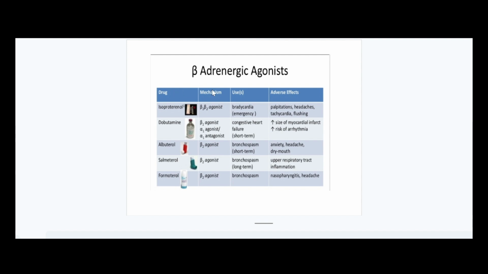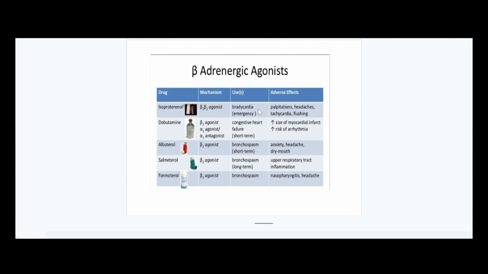Now, we have certain drugs that can act either selectively on a particular beta receptor or mixed or non-selective. For the first one, isoproterenol, it will act on both beta 1 and beta 2 receptors, which makes it a beta 1 and beta 2 agonist.